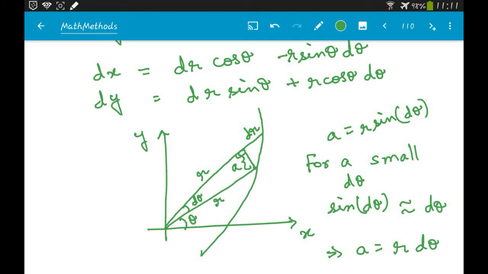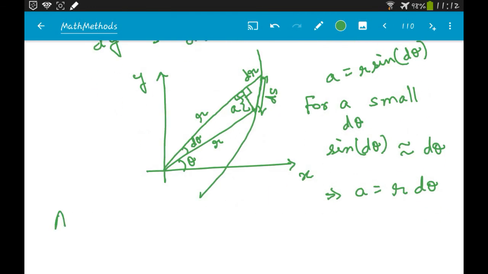Now if you look at this, we can call it ds. If this is a 90 degree angle, then this is also 90 degree, and this arc length is ds.